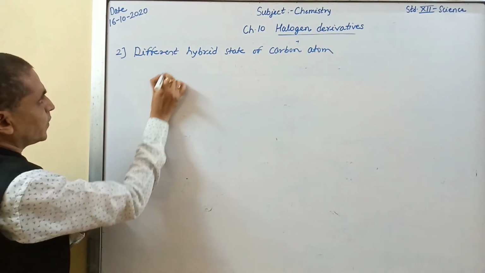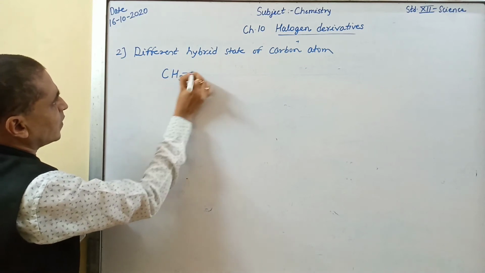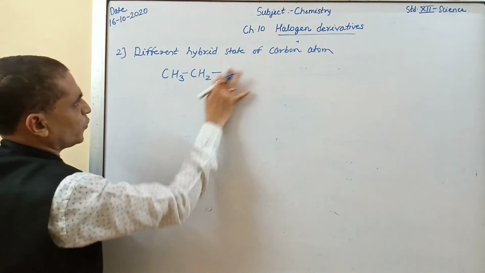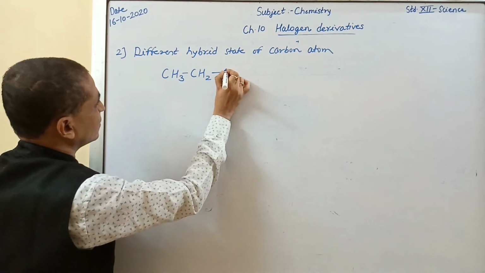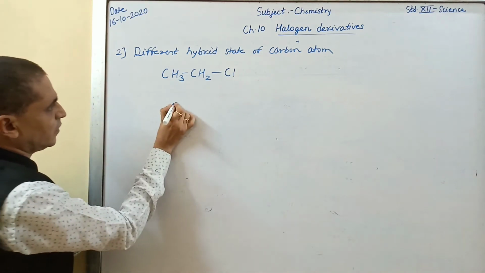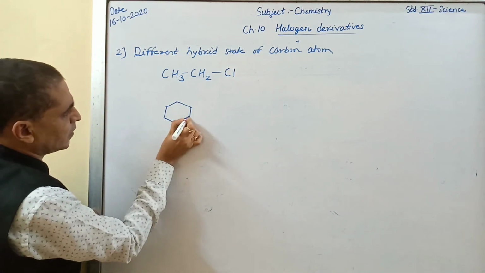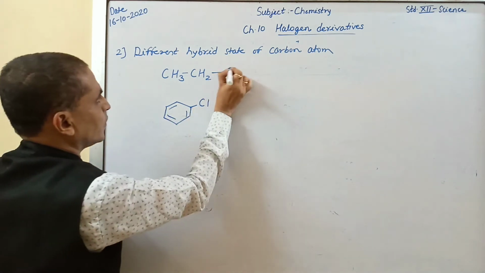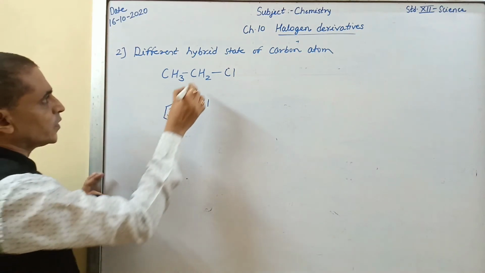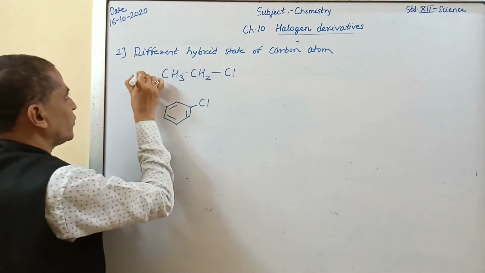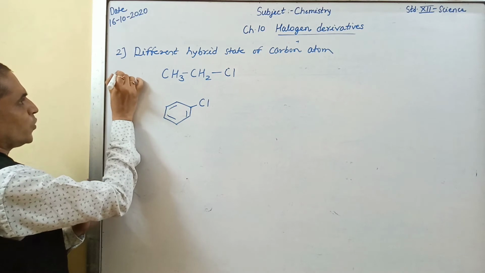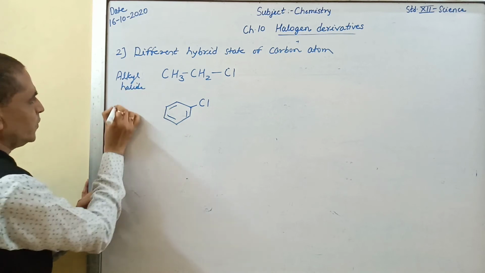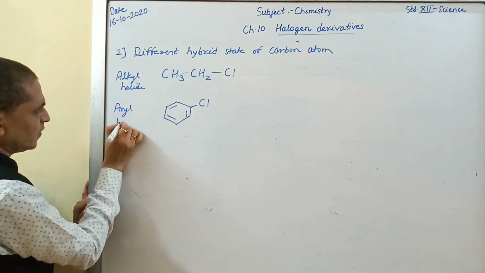We have CH3, CH2, X, or we can take Cl. Now see, this is the first case, that is alkyl halide, and this is aryl halide.